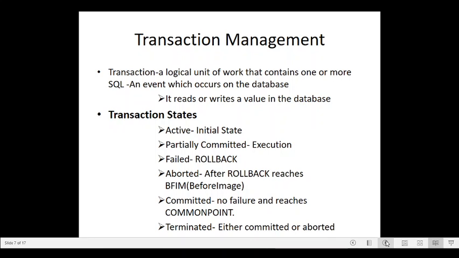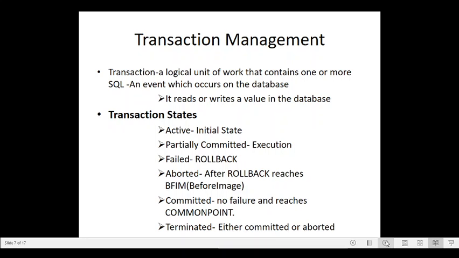Now let's go to the other state which is called failed. Due to some reasons, if a transaction fails, then the temporary values are not required, we will have to abort that and we have to take back, which is called rolling back of a transaction.